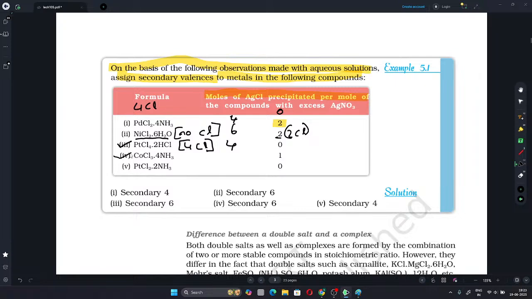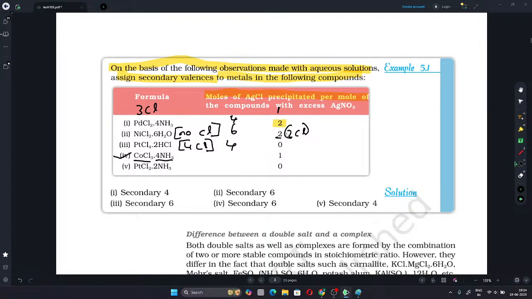In the fourth case, CoCl3·4NH3, we see that we got 1 chlorine, where there are 3 chlorines here.